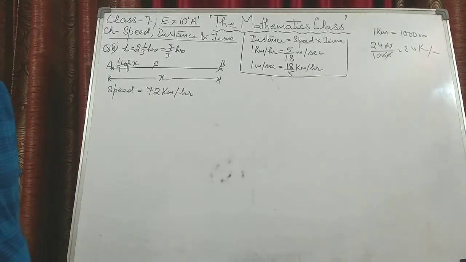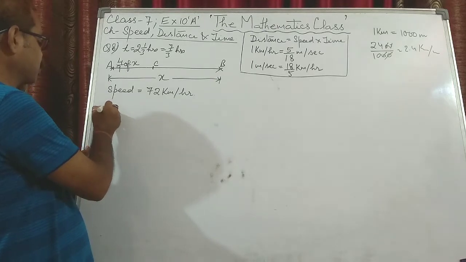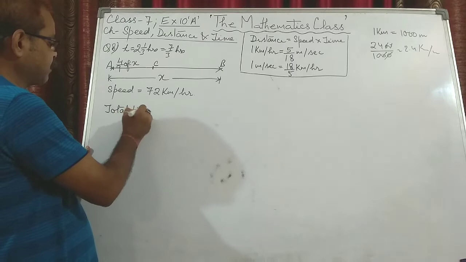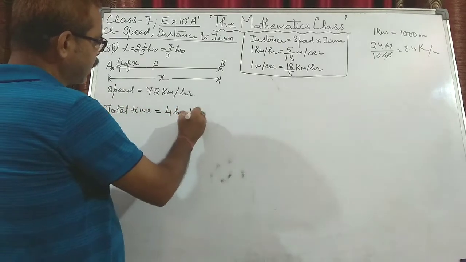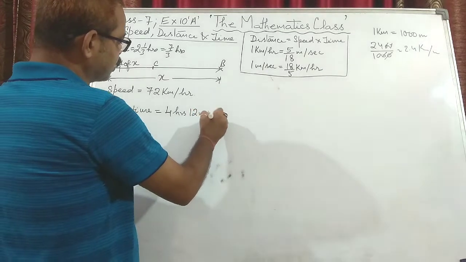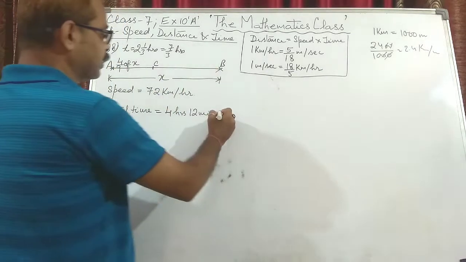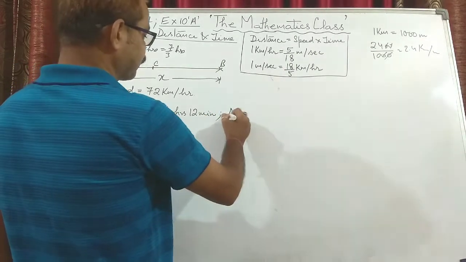Then they say, find Tina's average speed if the total time she took was 4 hours and 12 minutes to travel from town A to town B. We have to find her average speed.